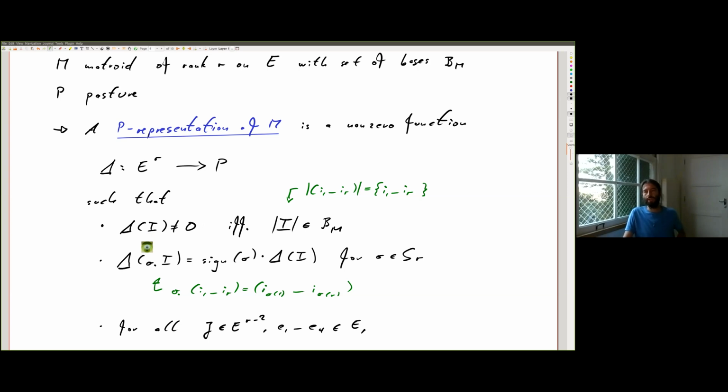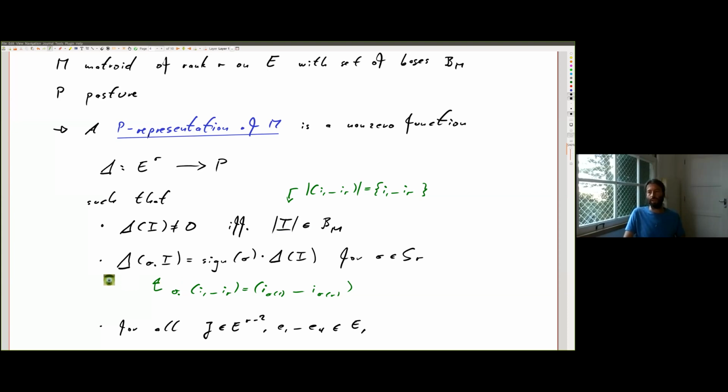First of all, the support of delta consists precisely of those r-tuples I whose underlying set is a basis. The absolute value of I is the underlying set, so the underlying set of a tuple i1 to ir is just the set of coefficients i1 to ir. Particularly it's 0 if we repeat the same coefficient several times because the cardinality drops.